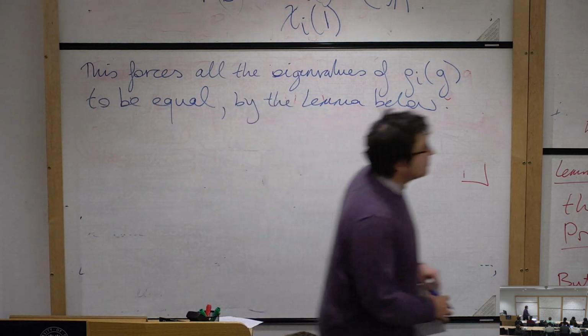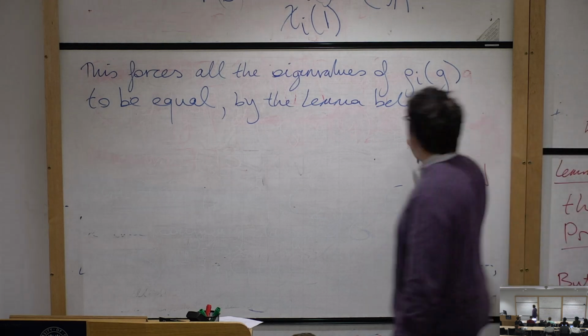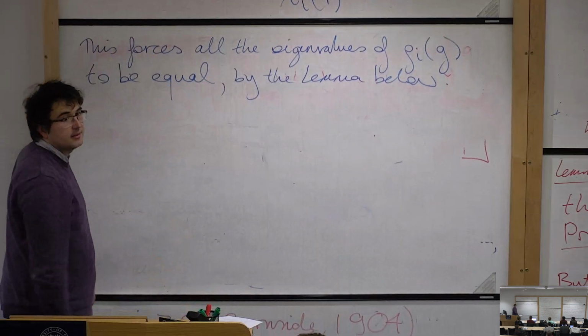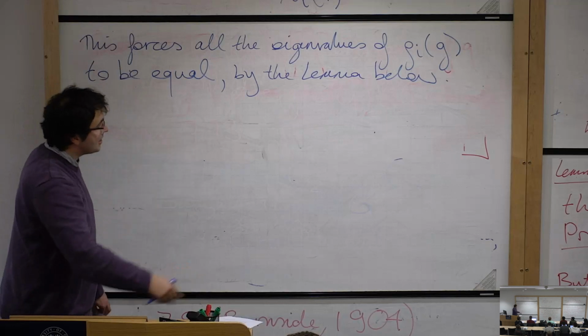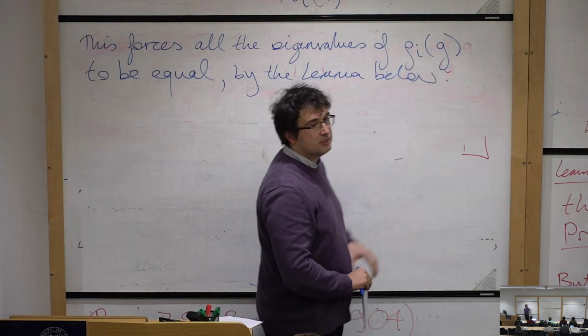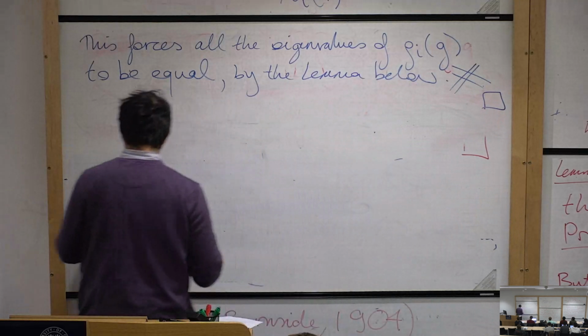I wanted to produce at least one irreducible character where the corresponding linear map is a scalar. We know that if all the eigenvalues are equal, then it's already scalar. And it can't be the identity matrix, because if it was, then rho I would be the trivial representation. That's a contradiction. And that completes the proof, modulo the lemma.